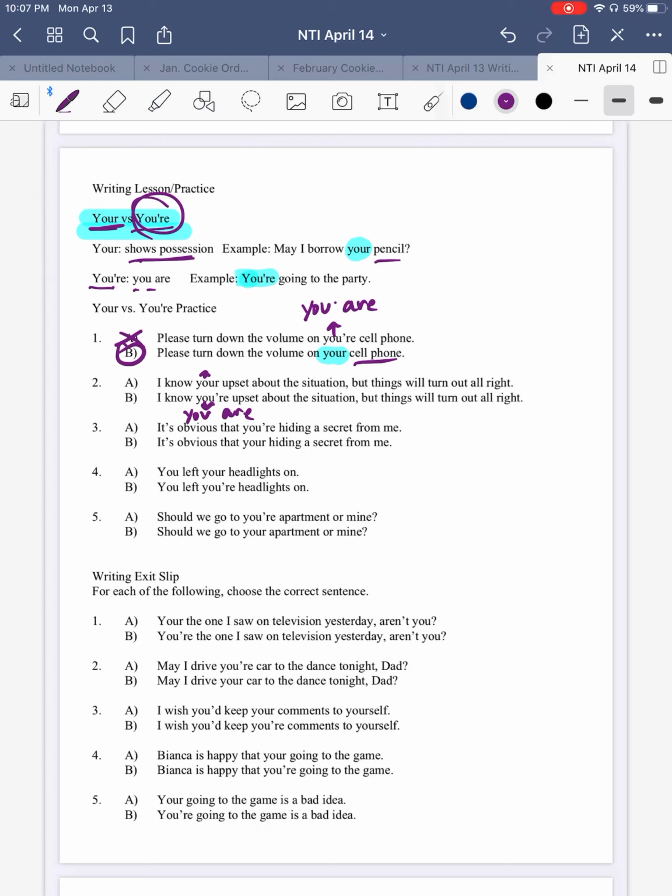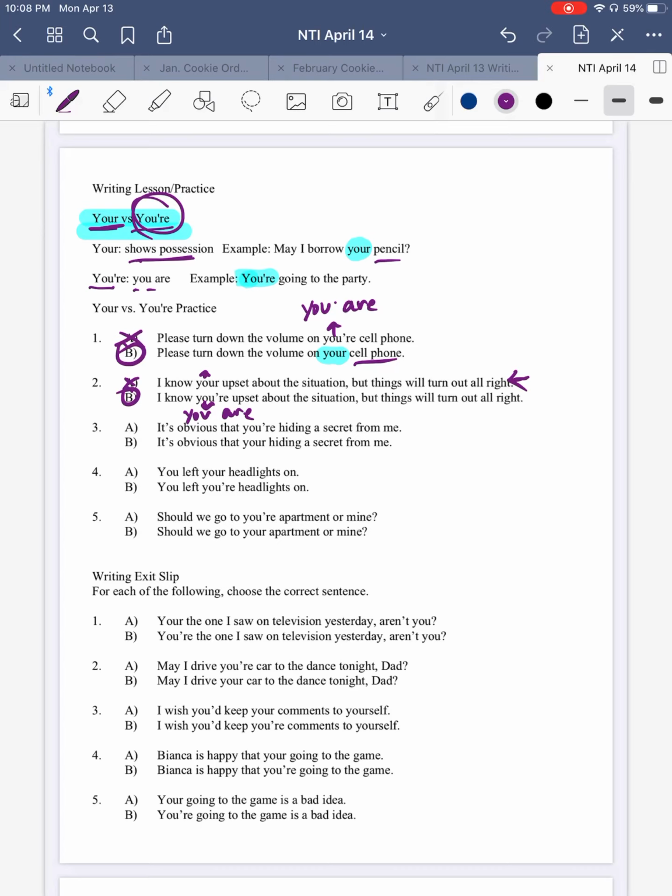"I know you are upset about the situation, but things will turn out all right." So B is the one that makes the most sense. We're not talking about somebody owning anything or having anything. The contraction "you're," meaning "you are," is the most appropriate one for this particular sentence.